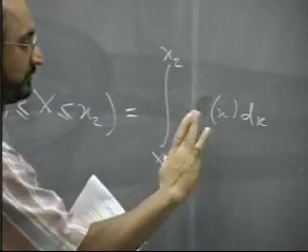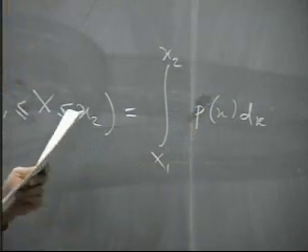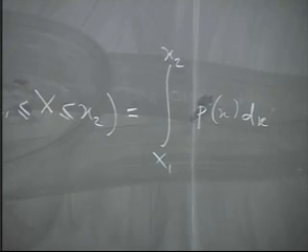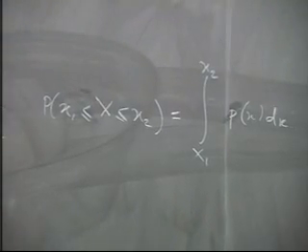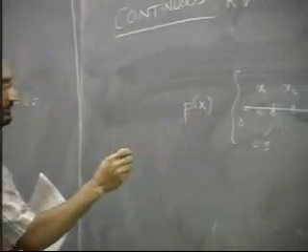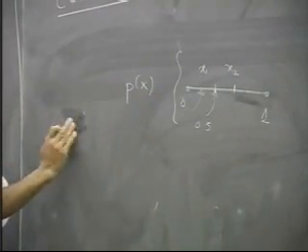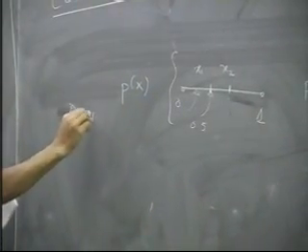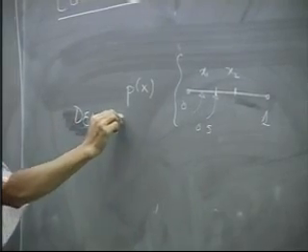I'm using small p, so p(x) dx. In other words, I'm associating with this domain over here the density function p(x). This is a density function, not a mass function.